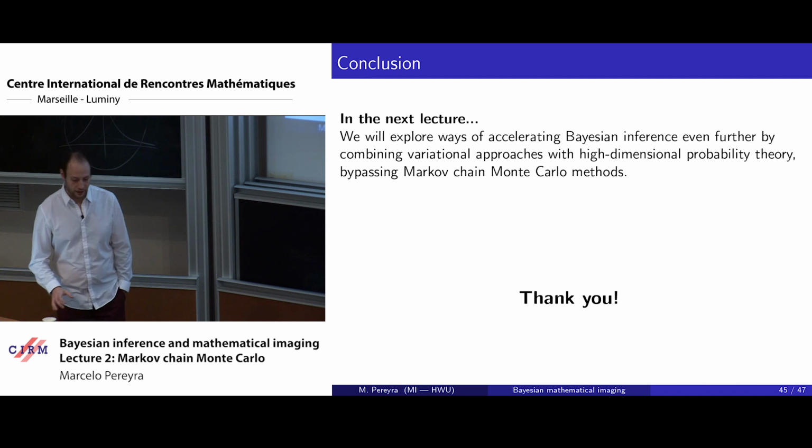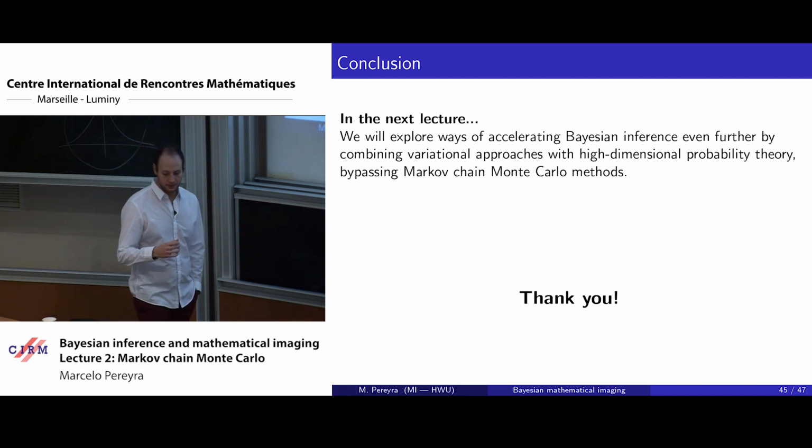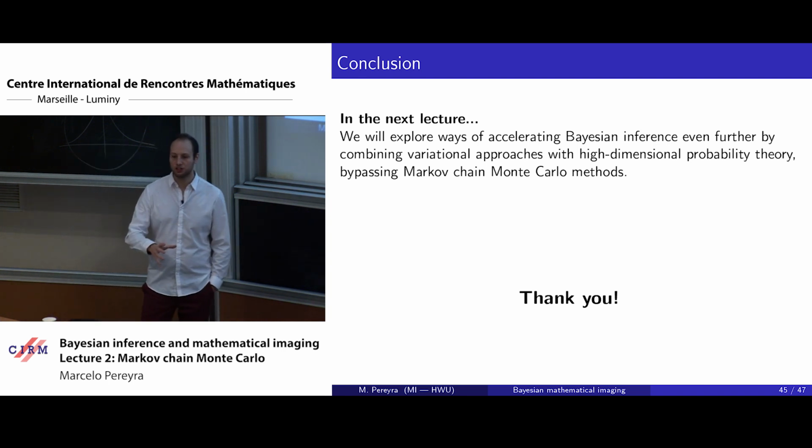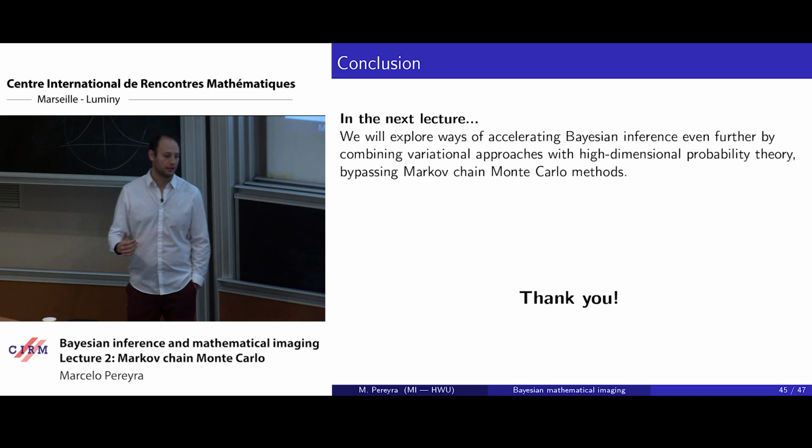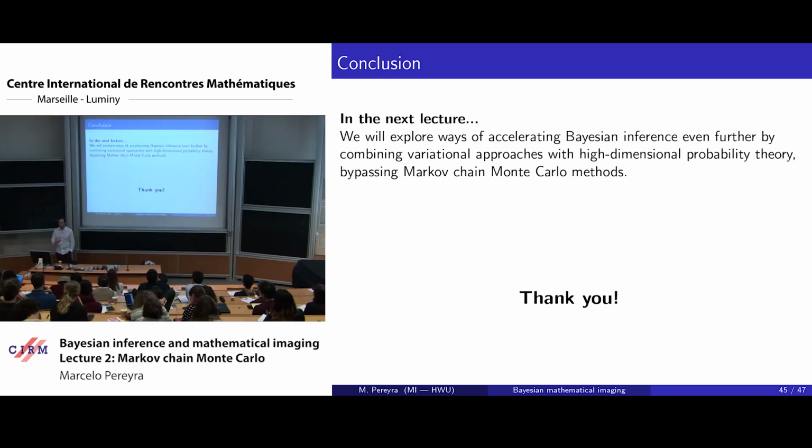And the key idea there will be to combine optimization not with stochastic methods, but with probability at a deeper, more theoretical level, and see if we can rewrite Bayesian inference problems as problems that can be at least partially solved by optimization. And yeah, that will be even faster. So I hope you'll find that interesting.